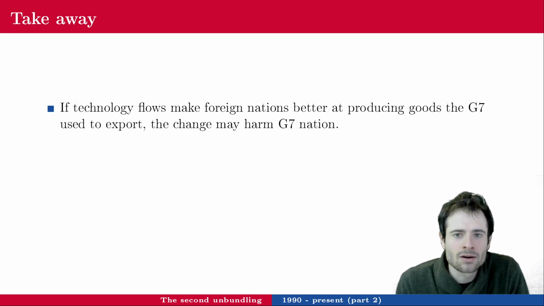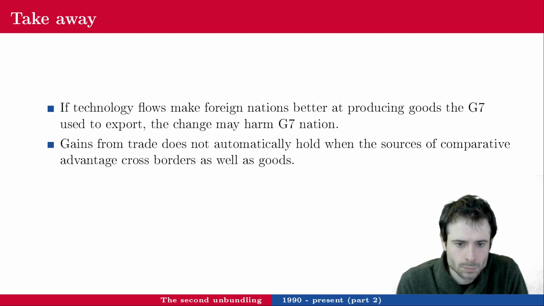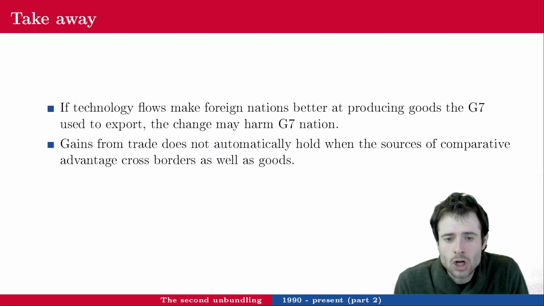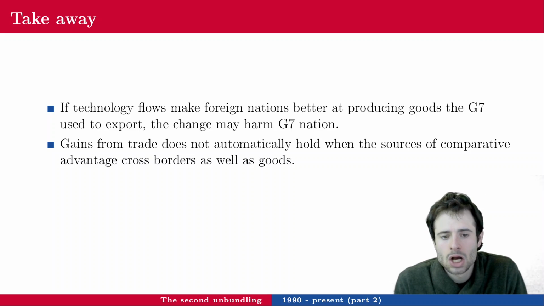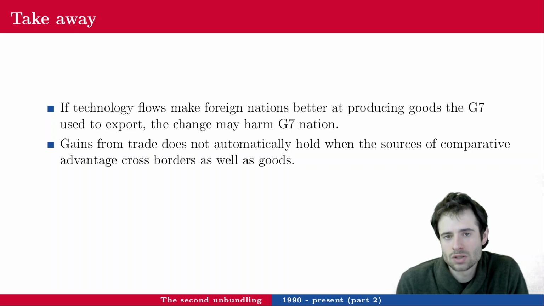We need to keep our companies in our countries and so on. So gains from trade do not automatically hold when the sources of comparative advantage cross borders as well as goods.